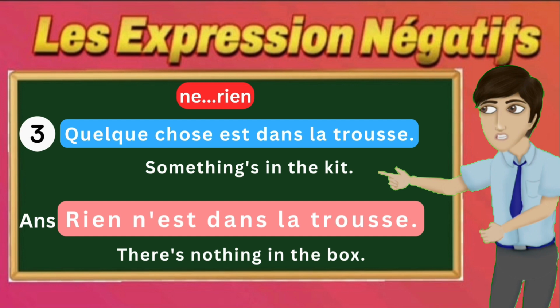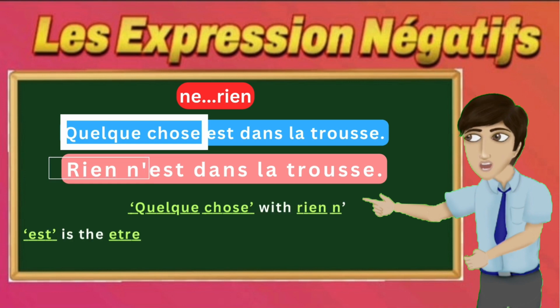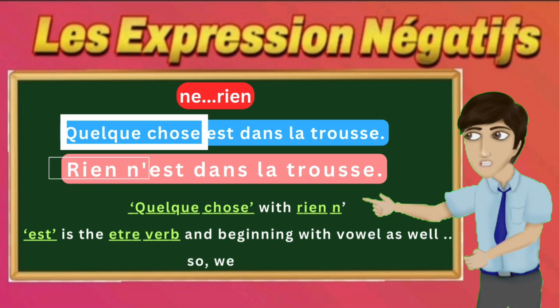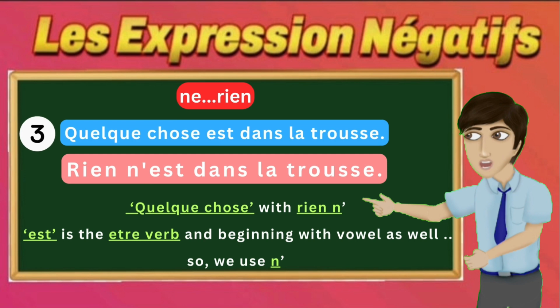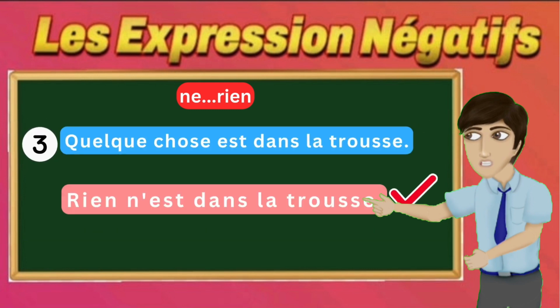There is nothing in the kit. We replace quelque chose with rien ne because est is the verb and begins with a vowel as well. So we use n' and the rest of the sentence remains the same.